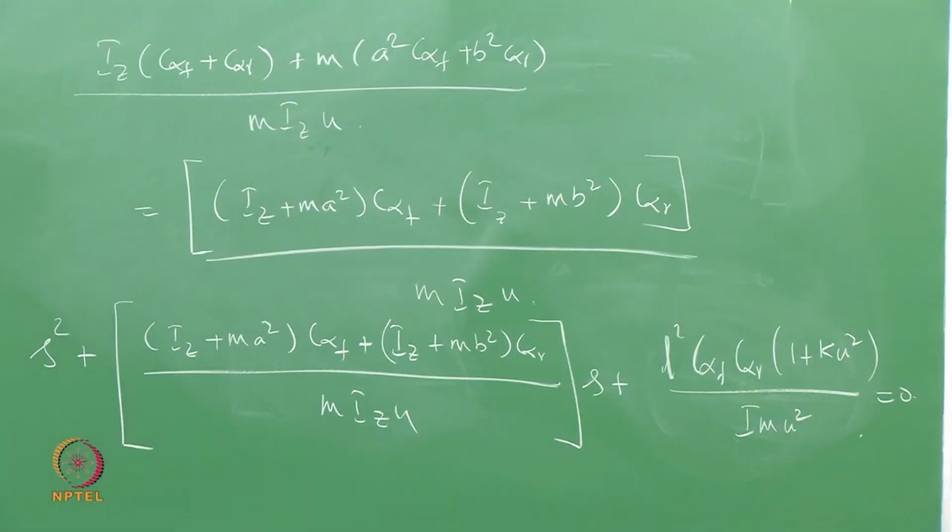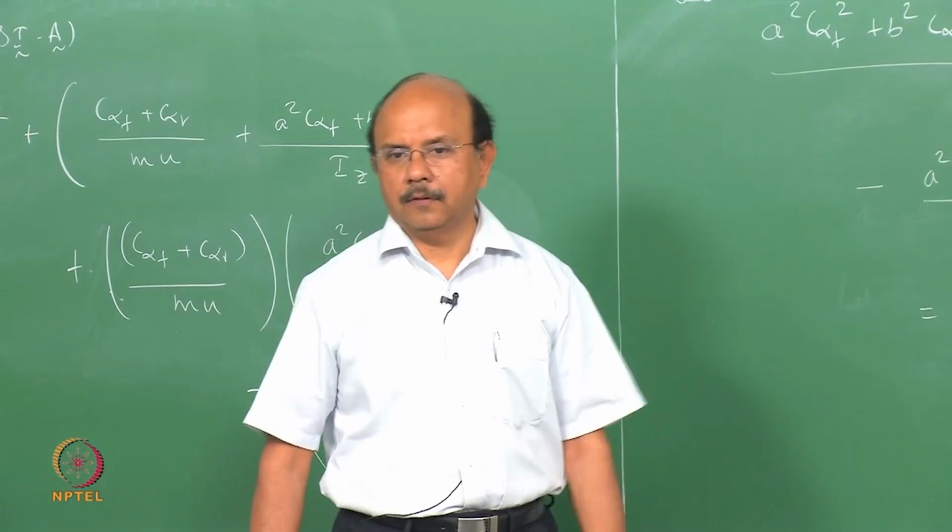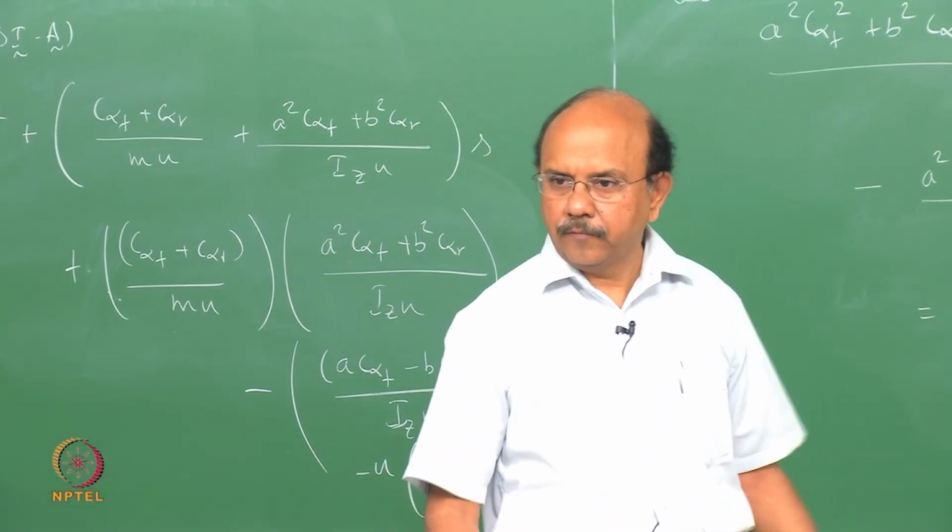Okay, now from this I can find out the poles, and then write down the omega n and the damping ratio zeta, right?